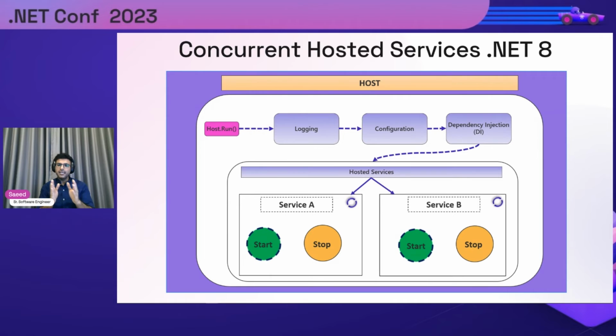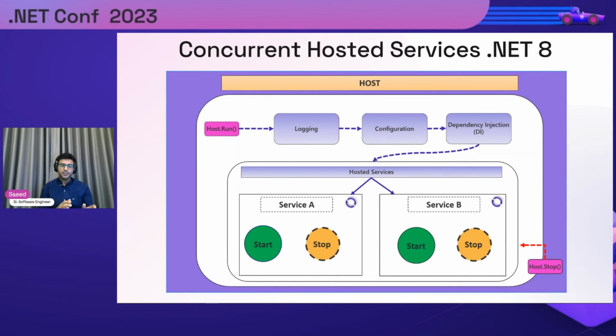Apart from service A and service B, if you remember, we said Kestrel is started in one of the hosted service implementations. So Kestrel, service A, and service B will be run concurrently. So in case of, for example, a scaling application, your API will be ready for use immediately. And again, in case of stopping the application, both of these stop methods will be called concurrently.